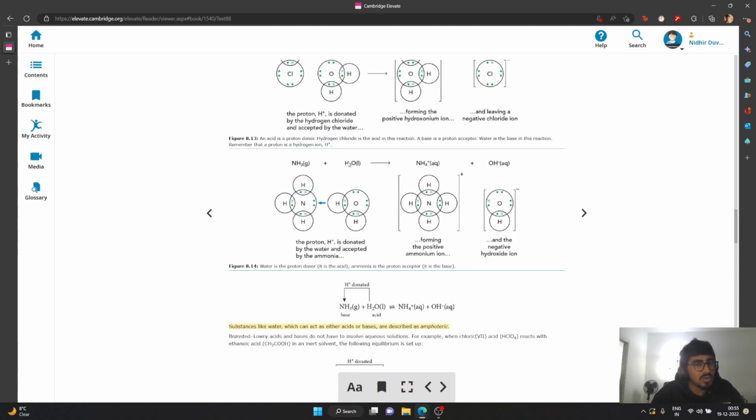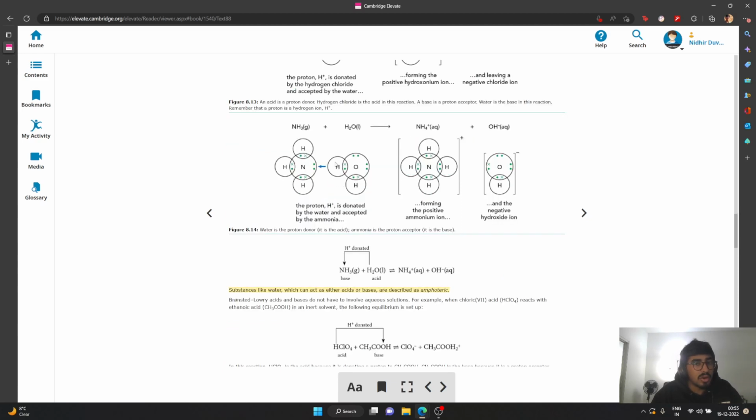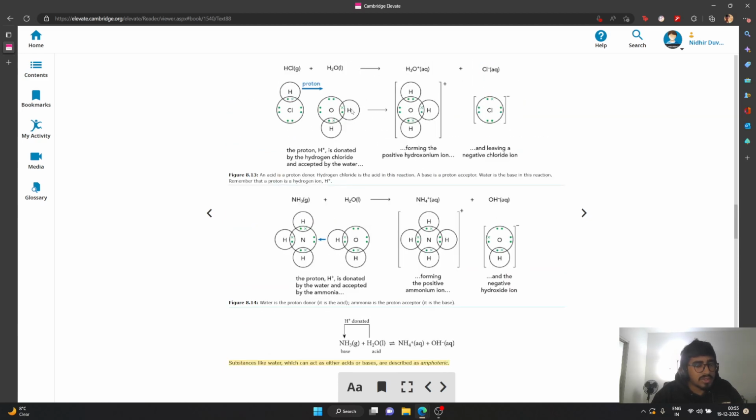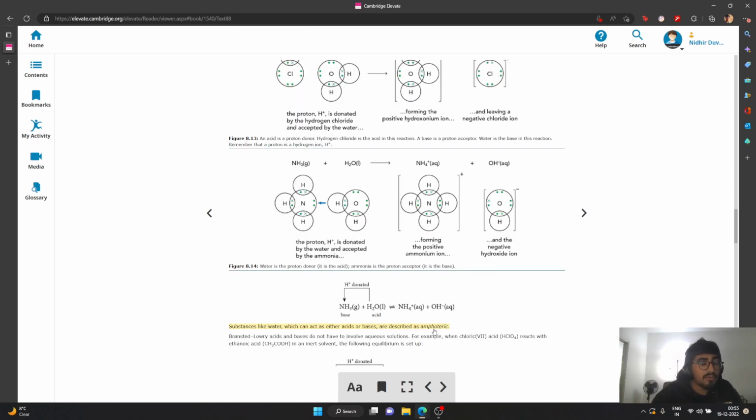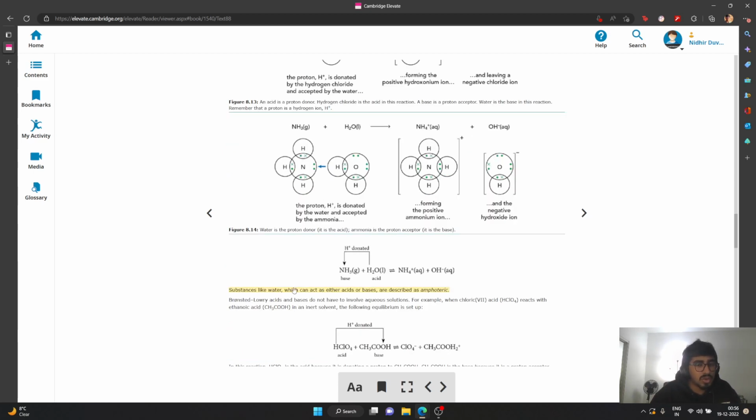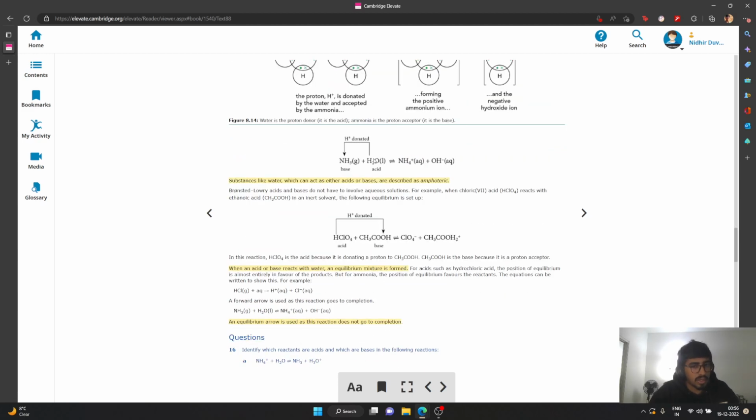In this case, H2O was donating the H plus, so it's acting as an acid. There are some things in this world that can act as either an acid or a base depending on context. They are called amphoteric. So water is an amphoteric substance.